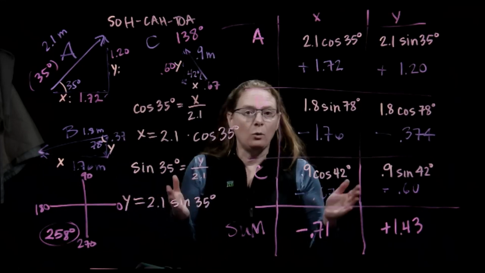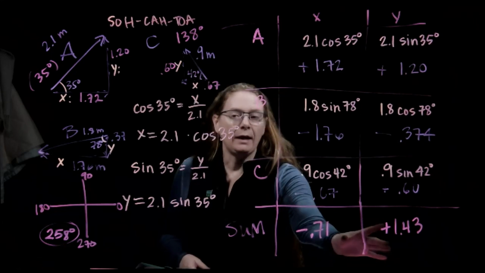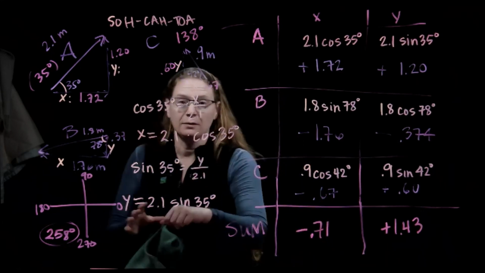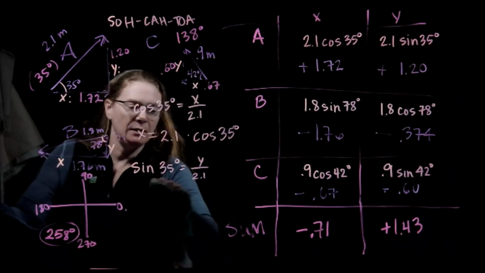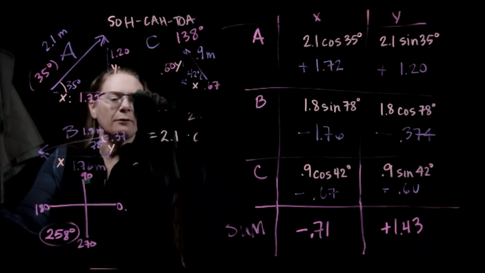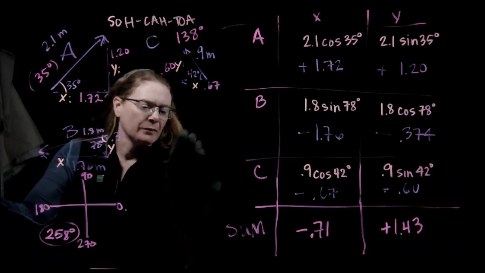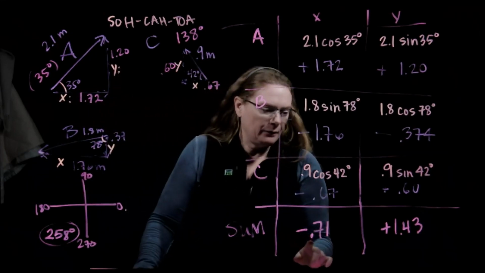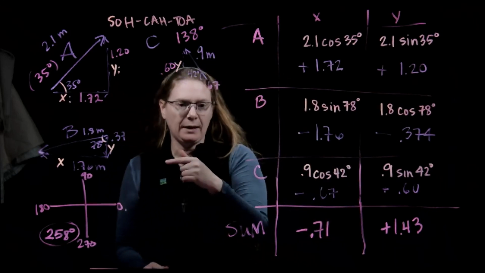So now what we can do is put these two together into the final triangle to figure out what the final vector looks like. Let's see if I can fit it in right here. So here again, we have to be very cautious about our signs. So I have a negative x and a positive y. I should be going to the left and up.